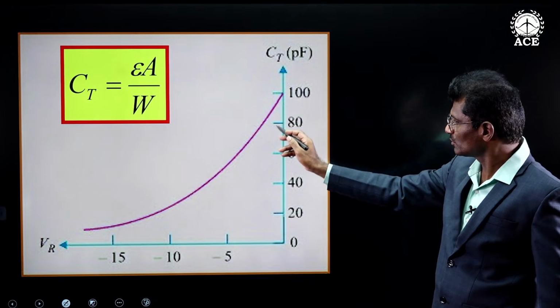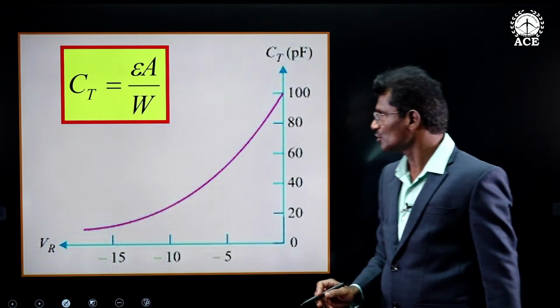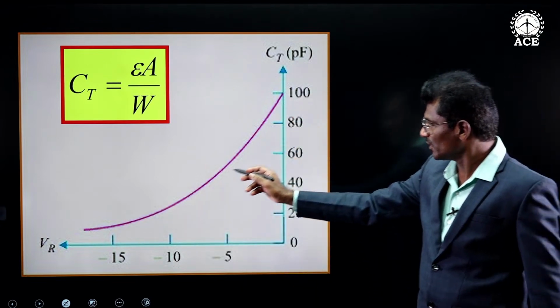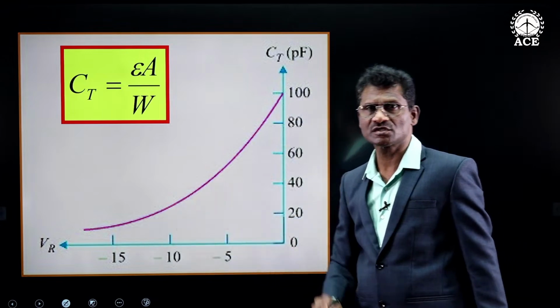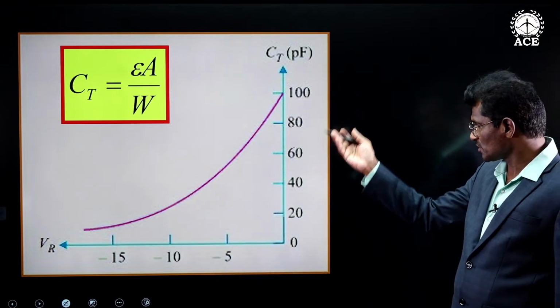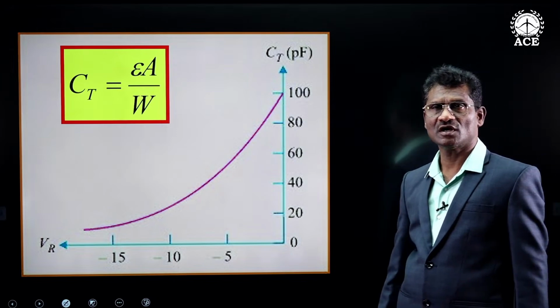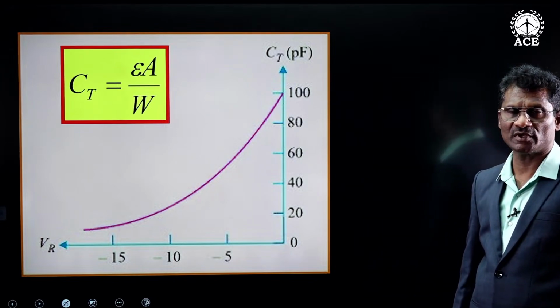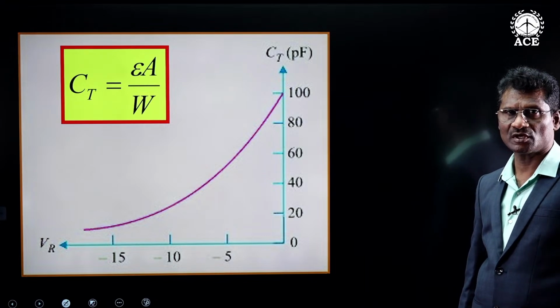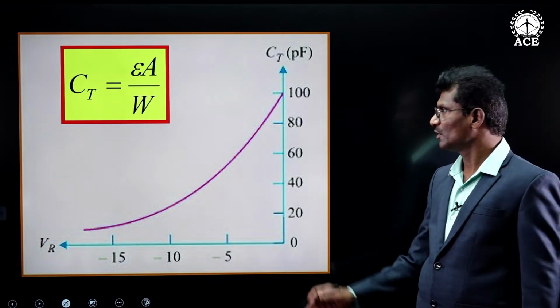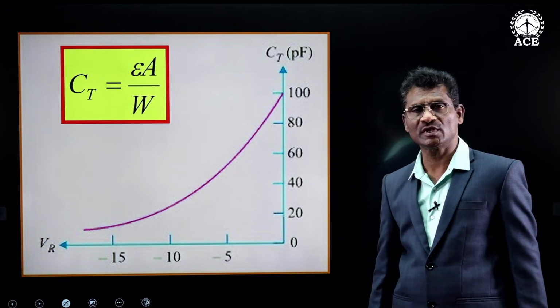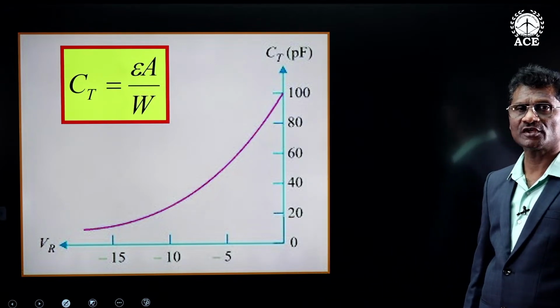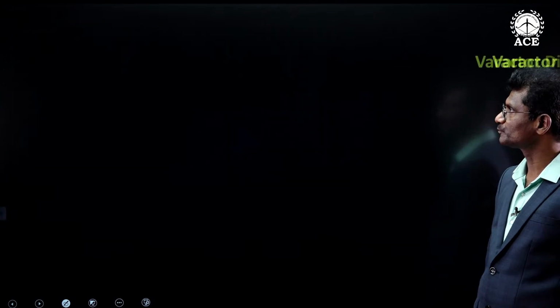That's what we observe. This pink color line shows capacitance decreases as reverse voltage increases. This is the characteristics of PN diode when it is being used as VariCap, that is variable capacitor or varactor diode. This is what I said has been repeatedly asked for a short answer question.